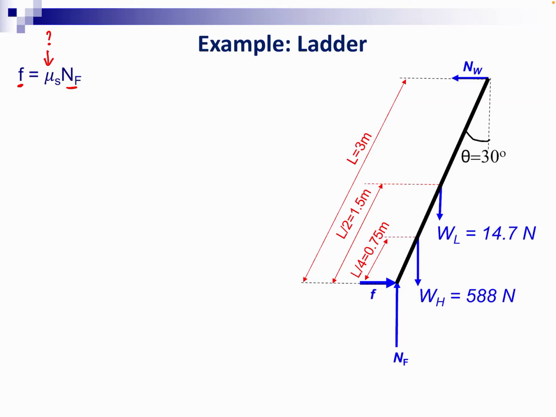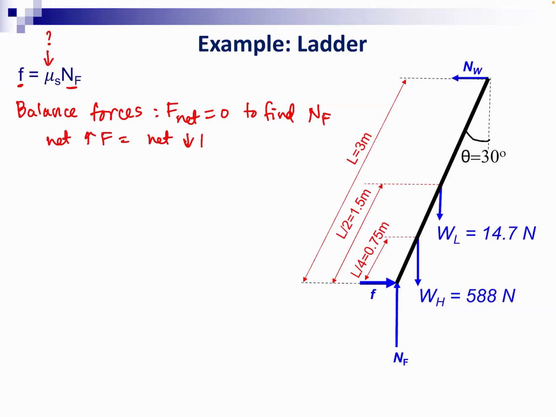So we can indeed balance forces, net force is equal to 0, to find NF. Net upward force is equal to net downward force.